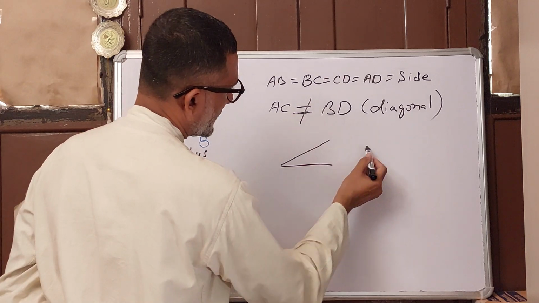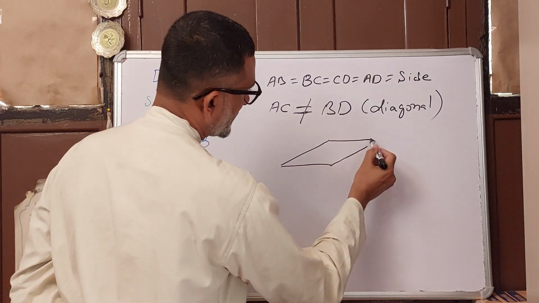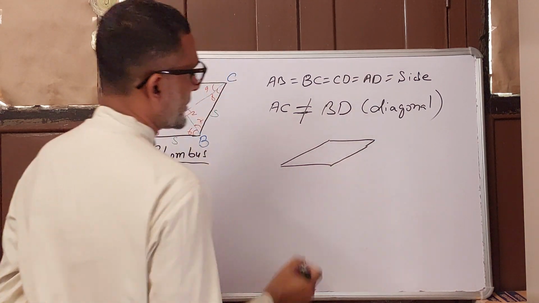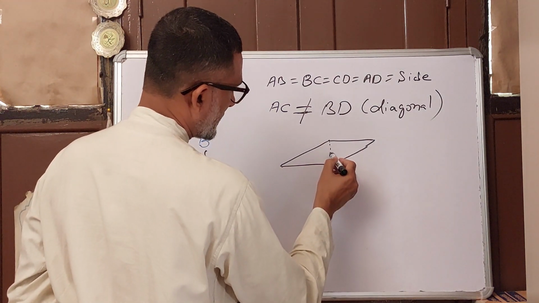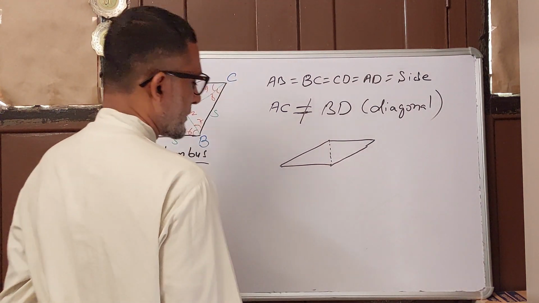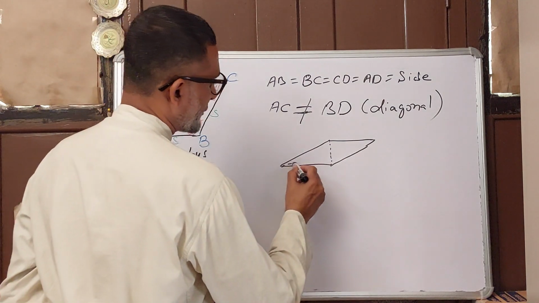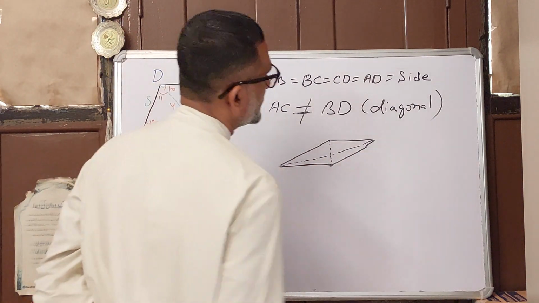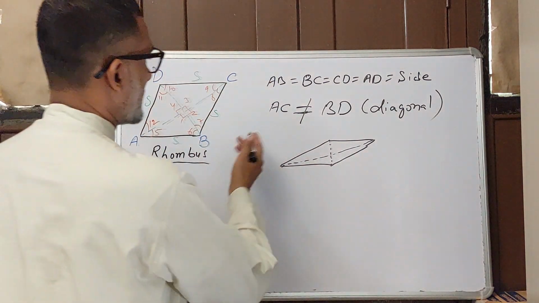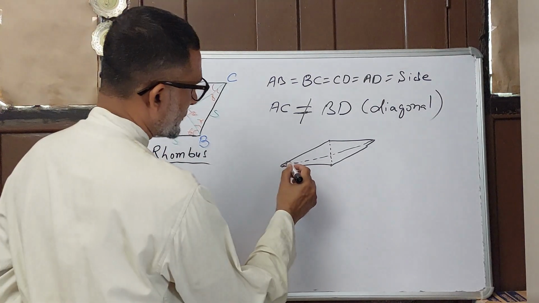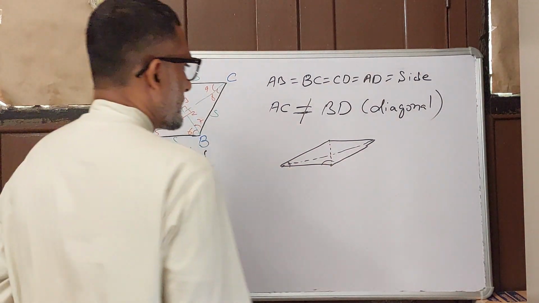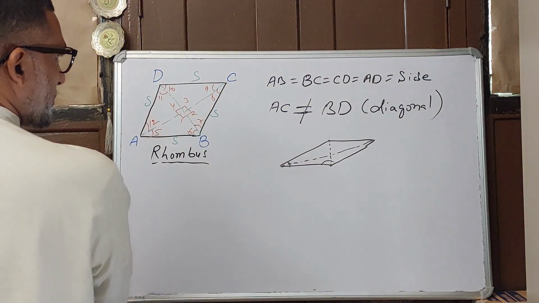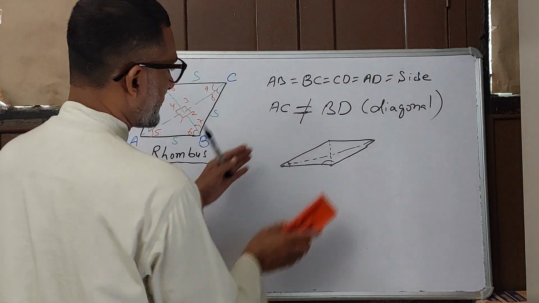Like this, like this. One diagonal becomes short, or this diagonal becomes long. You see, this angle becomes shorter and this angle becomes longer. So I hope you understand what will happen if we bend it more.